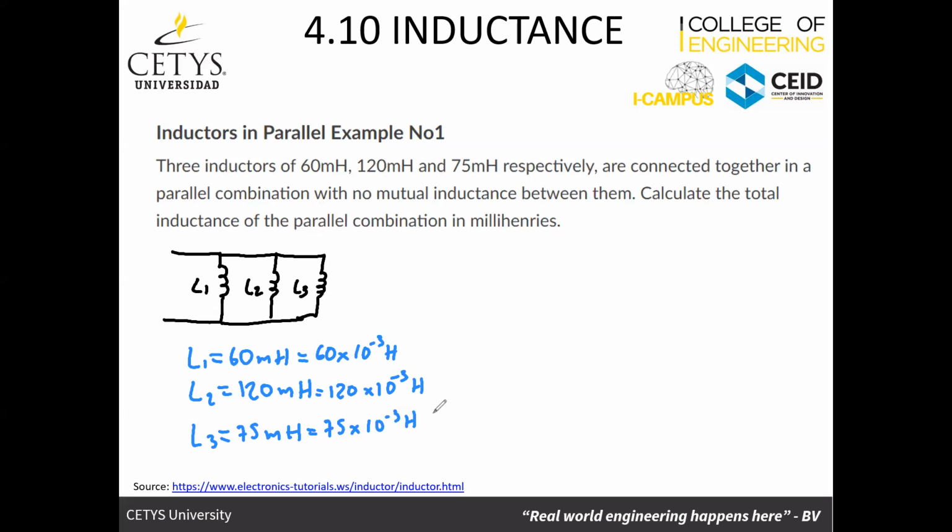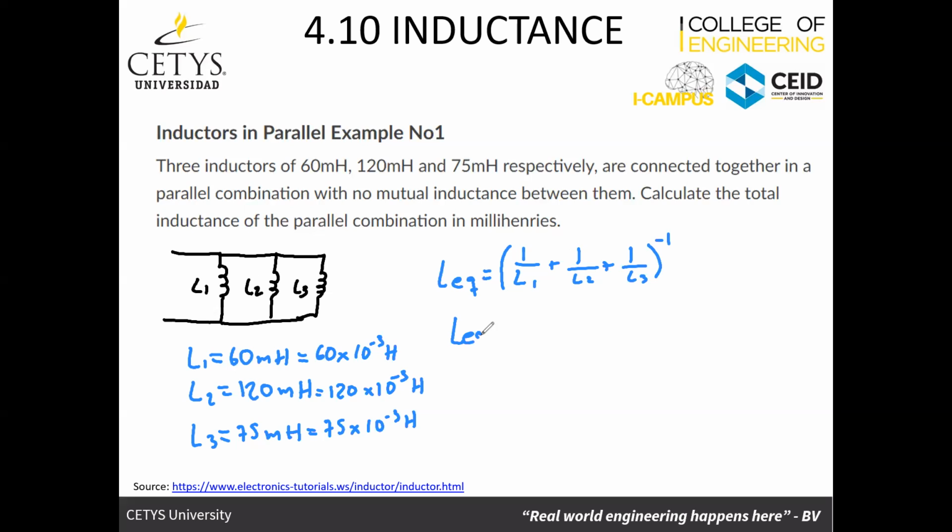Okay, everybody over here. In this case, the inductors are in parallel, so the equivalent or total inductance is going to be the reciprocal of the sum of the reciprocals, all of this elevated to the -1.